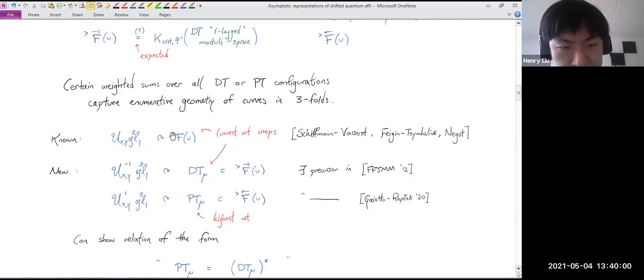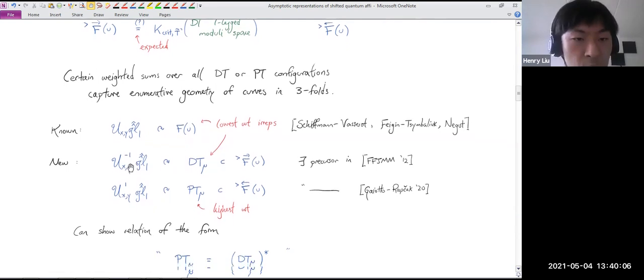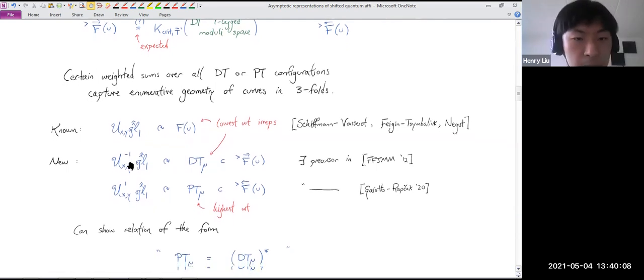But now what's new from our more general construction in terms of critical K-theory is that we get shifted versions of these quantum toroidal GL1 algebras, which act on these new modules, which I'll call DT and PT very suggestively.